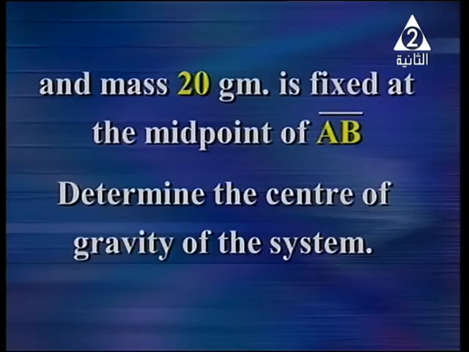Determine the center of gravity of the system. Dear student, we have square ABCD and we have 4 masses, each one lying on its vertices. We have another mass, 20 gram, fixed at the midpoint of AB. What is required? Determine the center of gravity of the system.